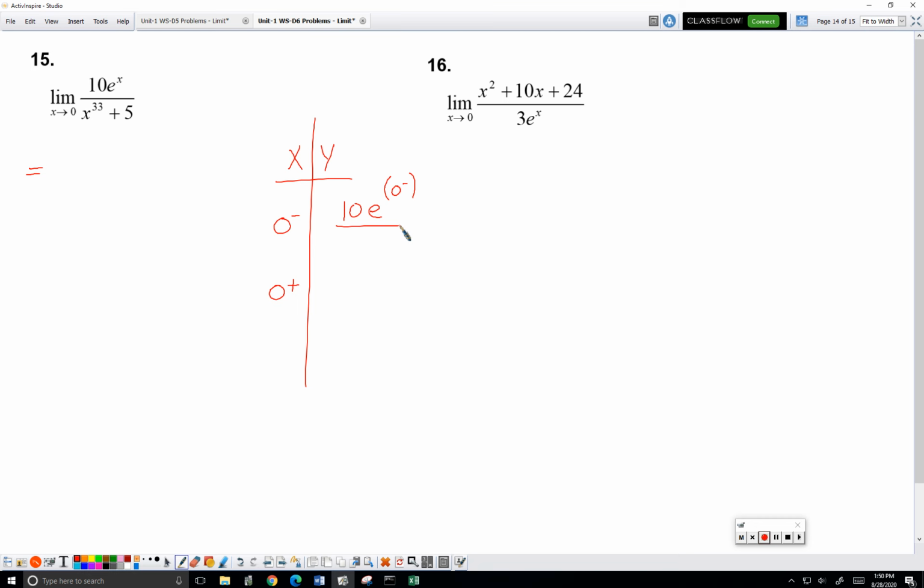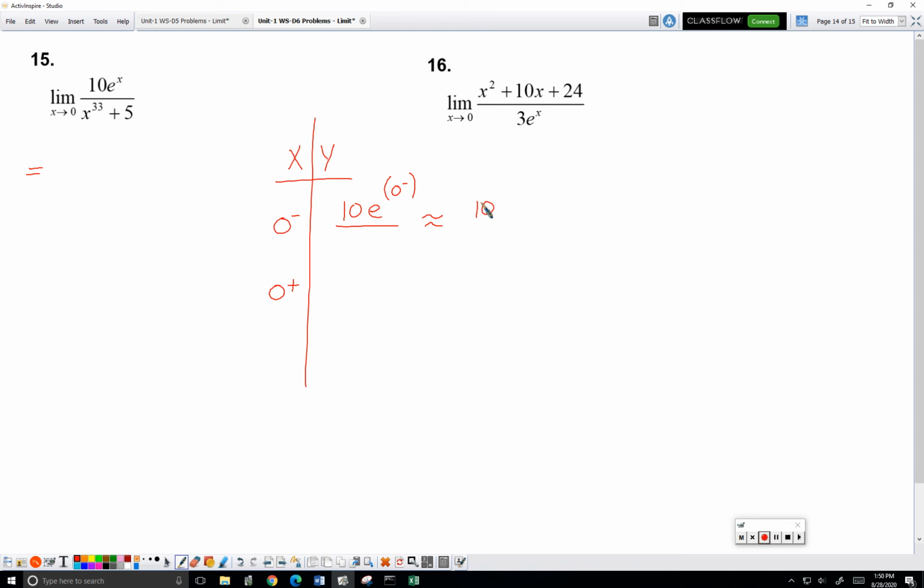It's all right. Just memorize. Any number to the 0, except 0, is always 1. Okay. So e to a number that's very close to 0 will be very close to 1. Multiplied by 10, close to 10.